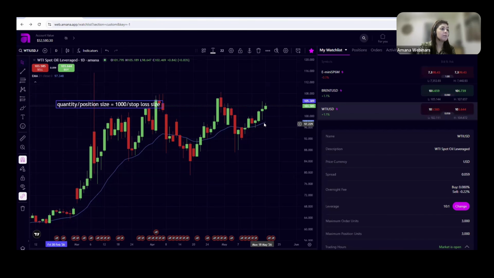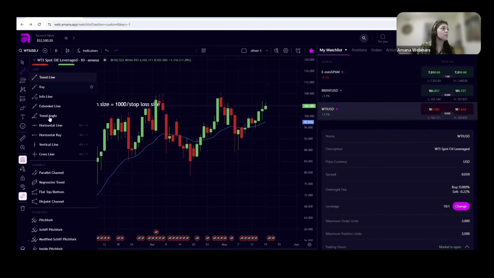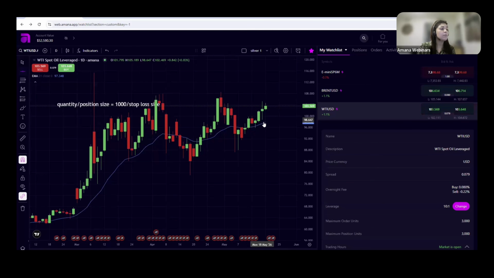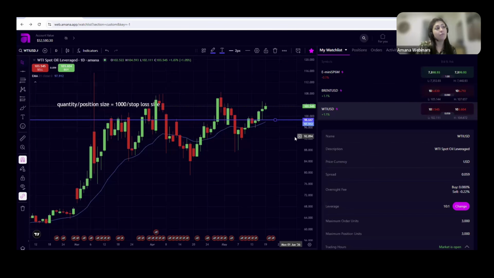As an example, and this is oil again, if I were to put a stop loss here, which is at 98 and the market price is 103, my stop loss size is 103 minus 98. So it's around $5, right? So I put 5 here.